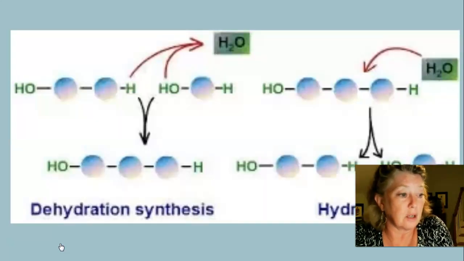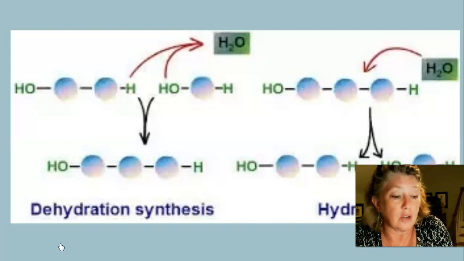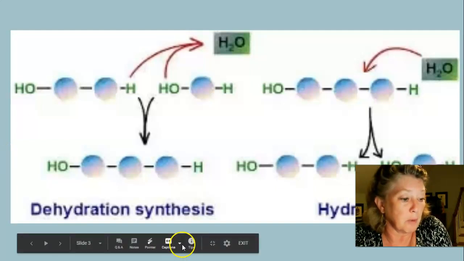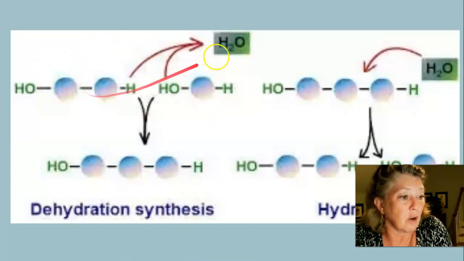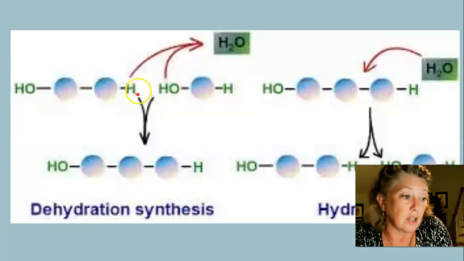You can see that dehydration synthesis is over here on the left, and it doesn't matter what kind of molecule this is. You've got hydrogens and hydroxides, and you lose those two functional groups.